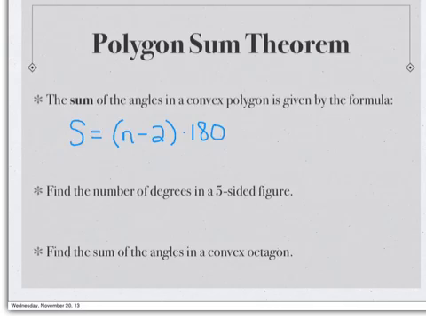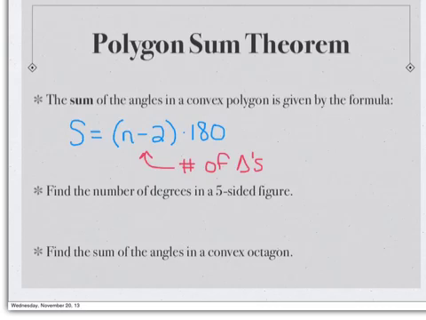So think about what we just said. That n minus 2 tells you the number of triangles you can make in that polygon. You can always make 2 less than the number of sides, and then you just take the number of triangles and multiply by 180. So let's do some examples of that.